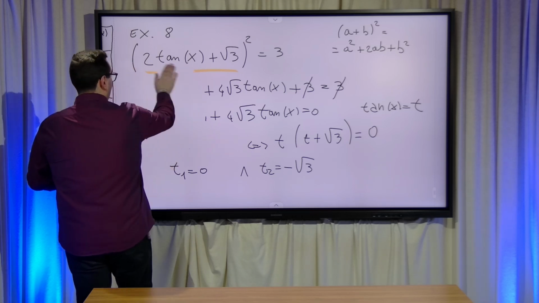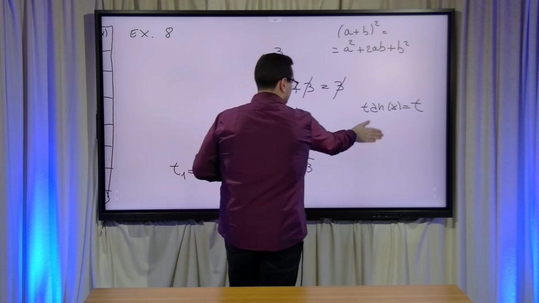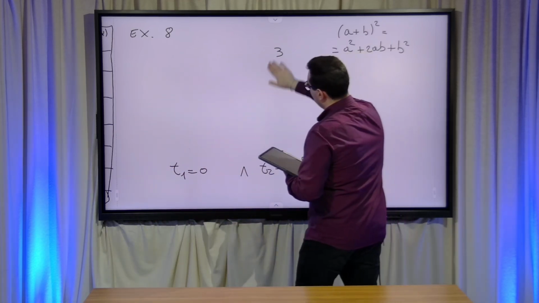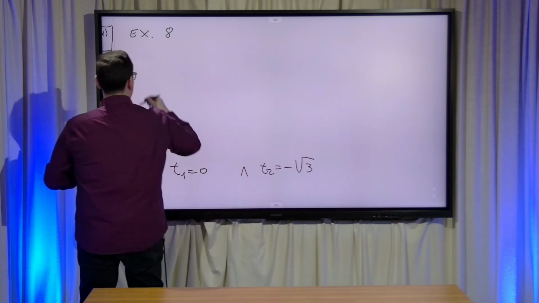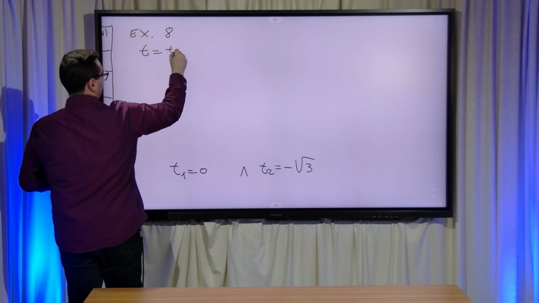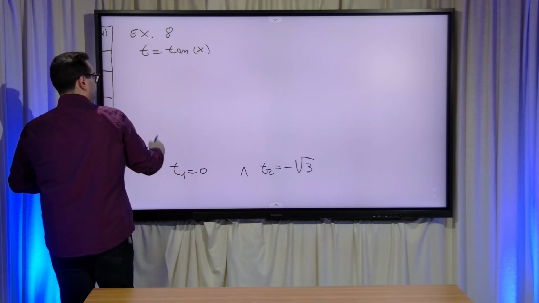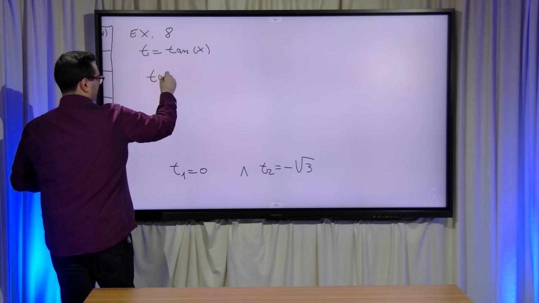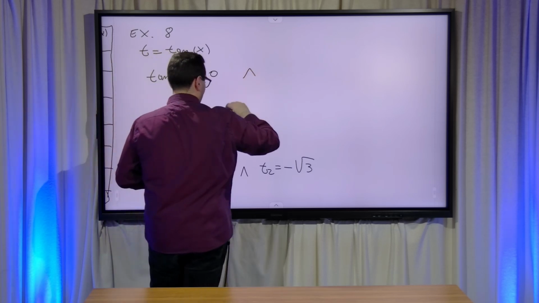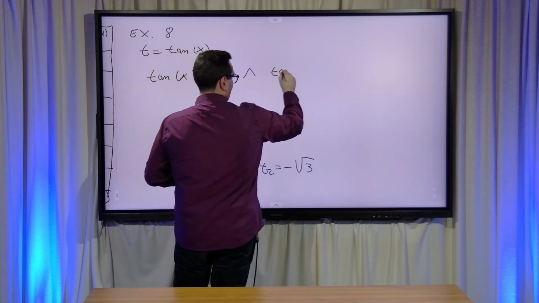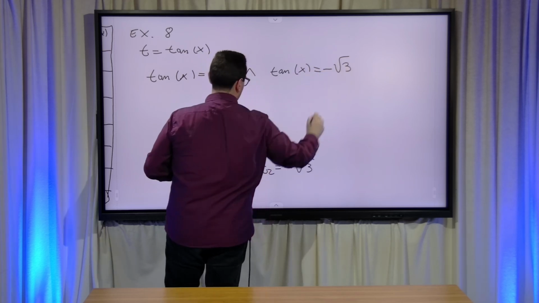As before, I have not finished yet because I have to replace the substitution I did before. So t is equal to tangent of x. So from the first one I can get tangent of x is equal to 0, and from the second one tangent of x is equal to minus square root of 3.